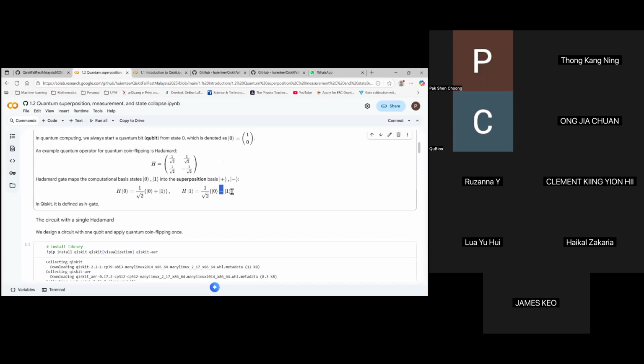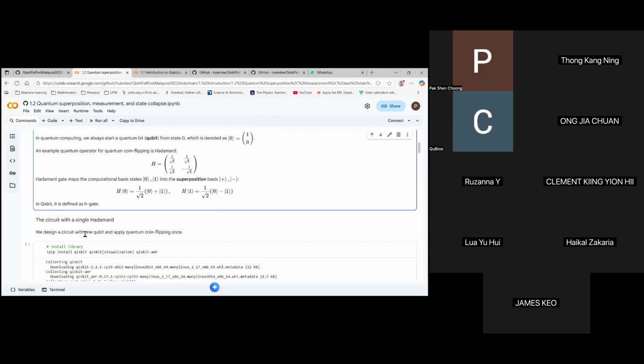I don't have the whole mathematical equation shown here, so I guess you can try it on your own. The 1 0 state is this, and this is the 0 state. The 1 state is just flipping the position of the 1, so 1 will be at the bottom element. You can try it out afterwards.